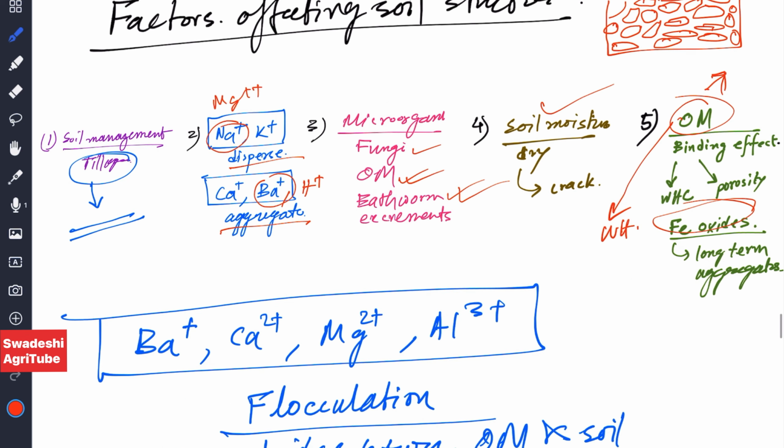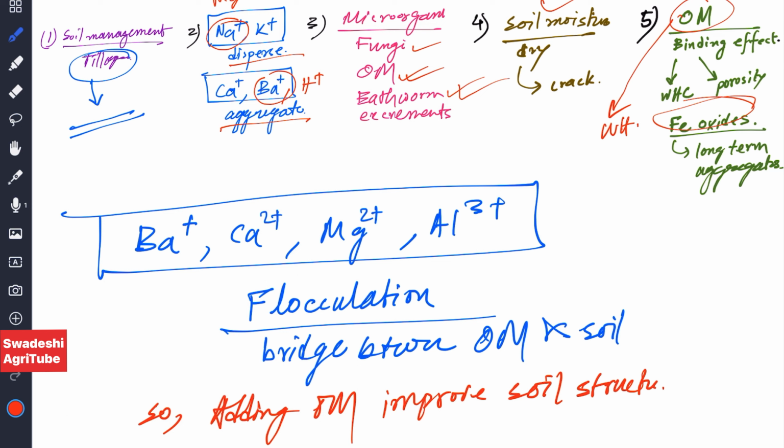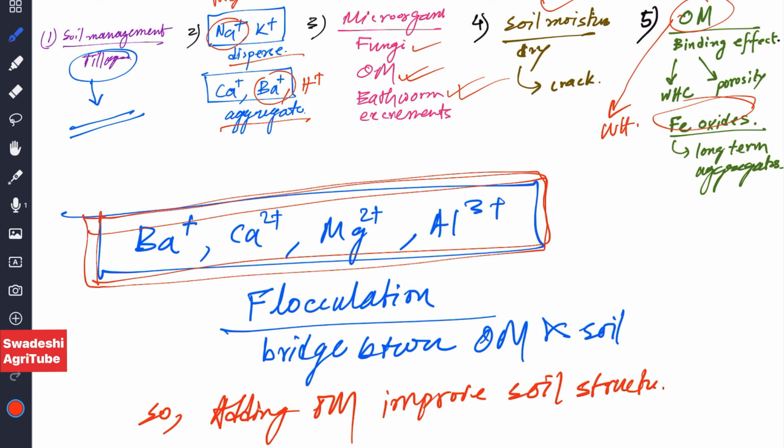Okay, so in general we can see what the flocculation agents are. These are the flocculation agents: Ba++, Ca++, Mg++, Al3+. Okay, these are the bridges. They work as bridges between organic matter and soil particles.